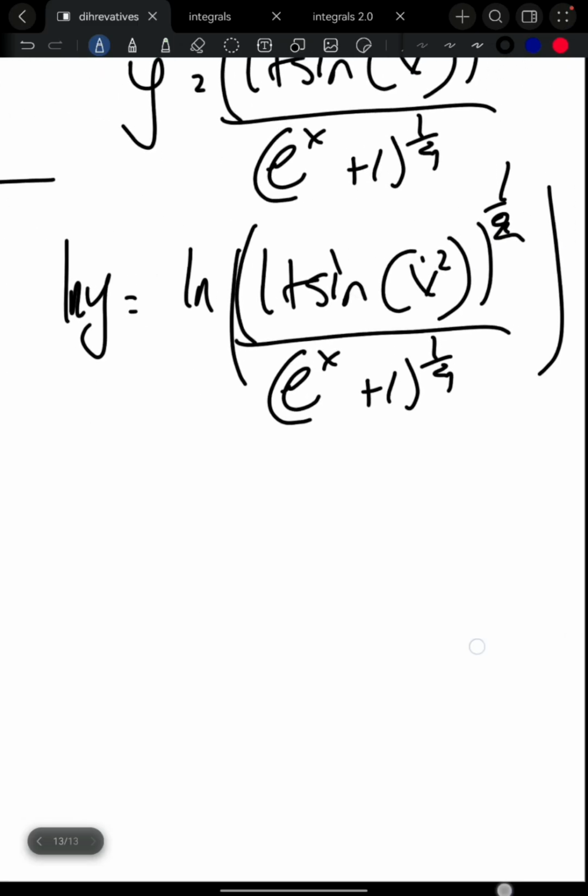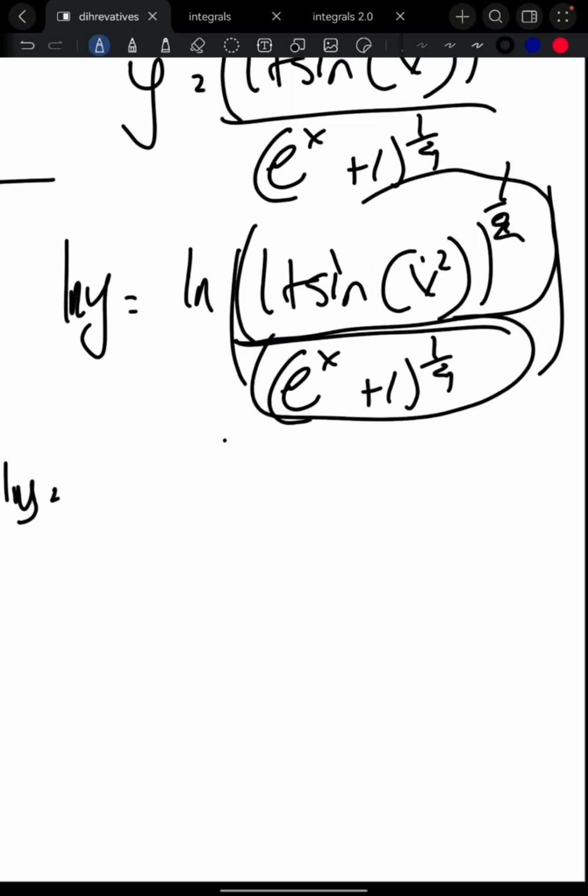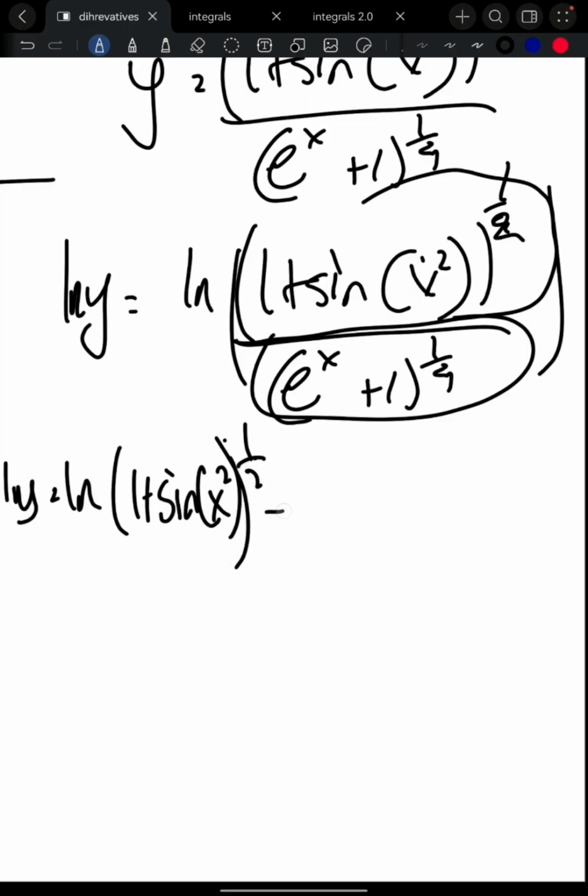So by properties, ln of a over b, or log a over b, is just log a minus log b, right? So you can write ln y is equal to, I'm going to write this as a and this as b, so it's ln of the top one to the power of half, minus the bottom one to the power of 1 over 4.